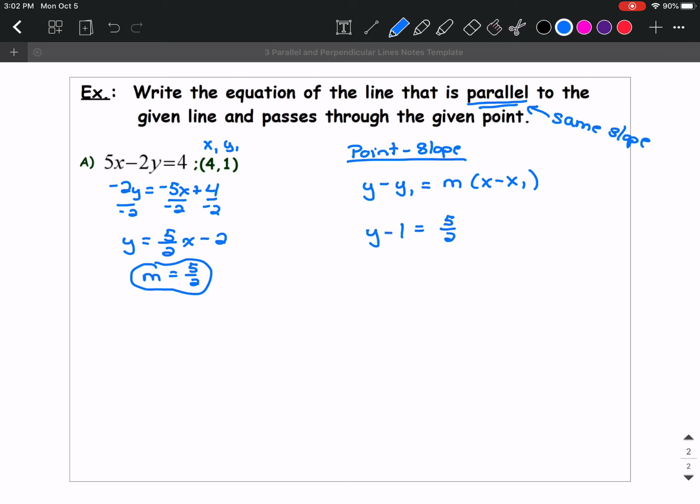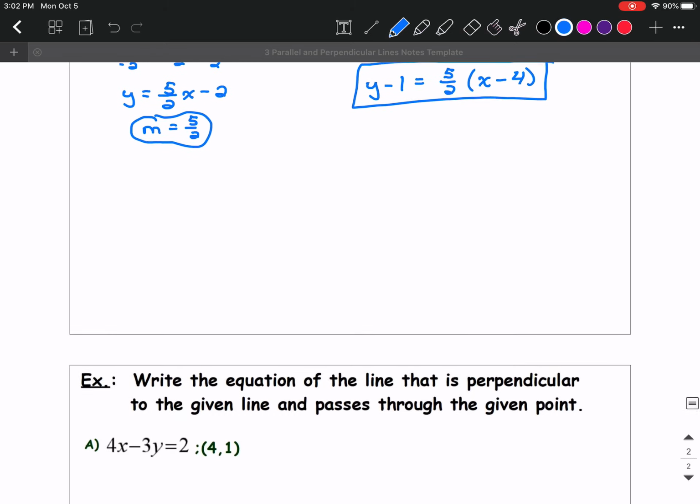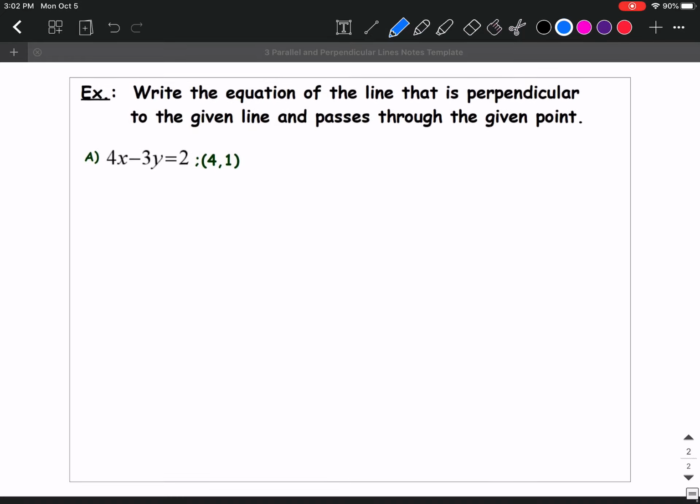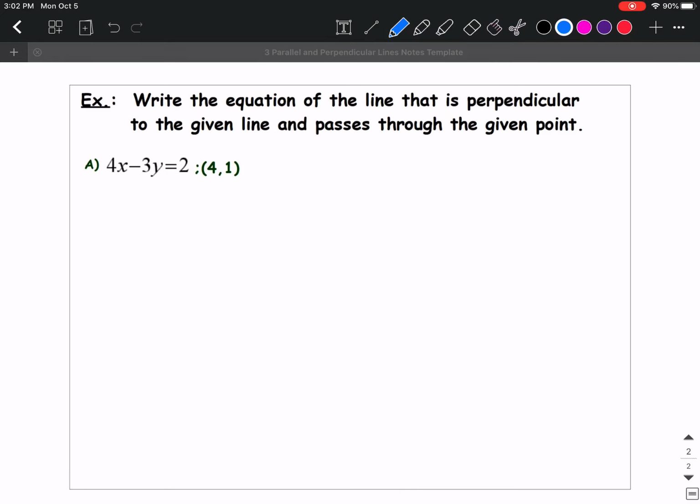Our slope is 5/2, times x minus, the x value of the point is 4. And now we have the equation of a line that's parallel to the original line but passes through the point 4, 1.